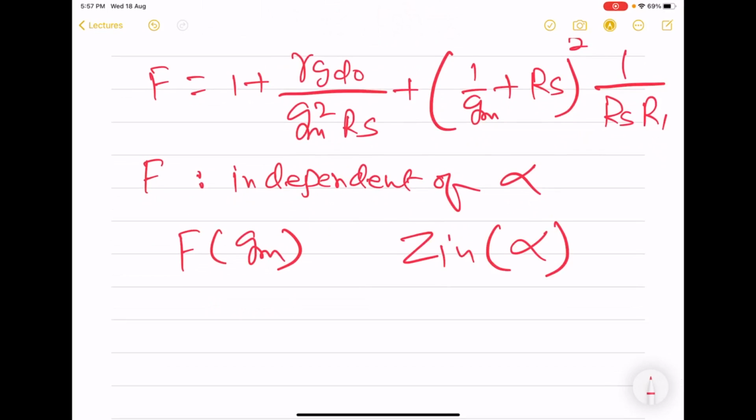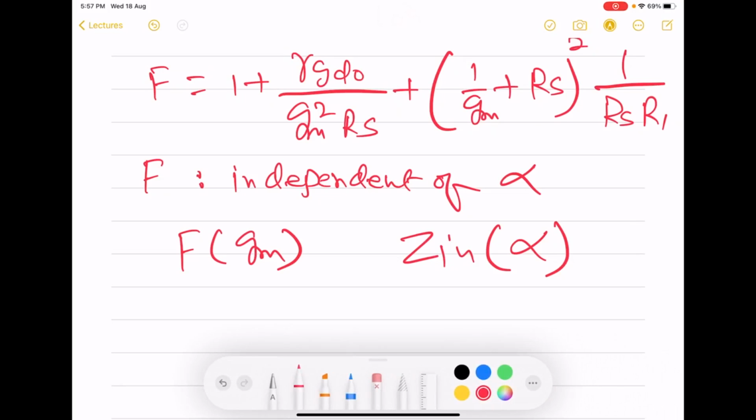Now one can ask what will happen if we include the noise factor of alpha. So of course, that is definitely going to alter the expression for the noise factor of the amplifier.